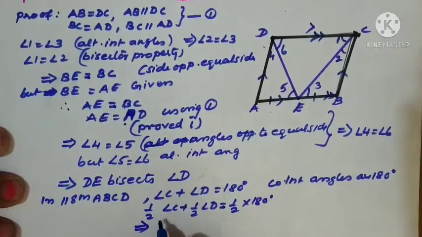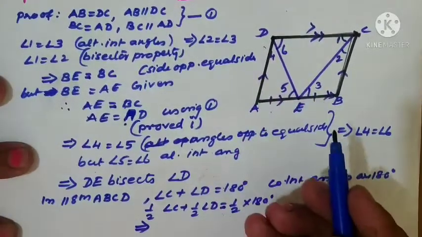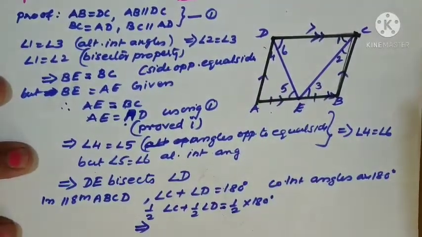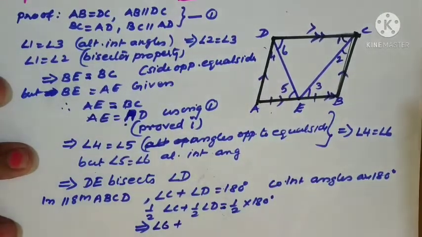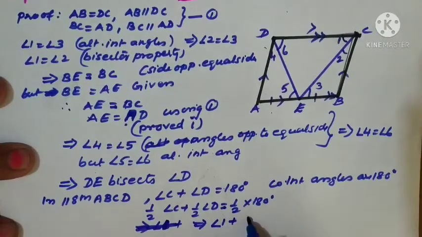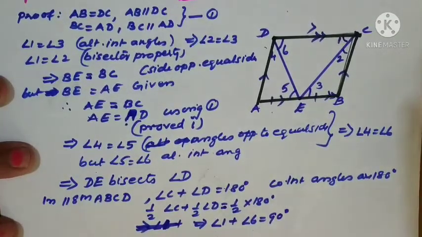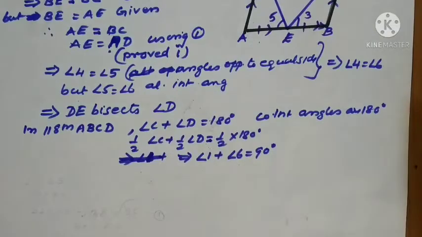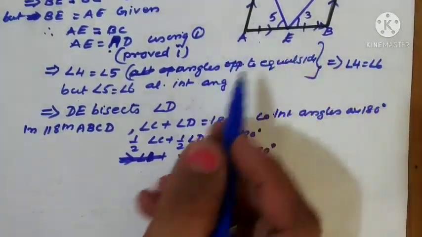Half of C means angle 1 only, half of D means angle 6, so angle 1 plus angle 6 equals 90 degrees. Now we can go for the triangle criteria similar to our last question, because the other two angles sum to 90, so the remaining angle is 90 only.